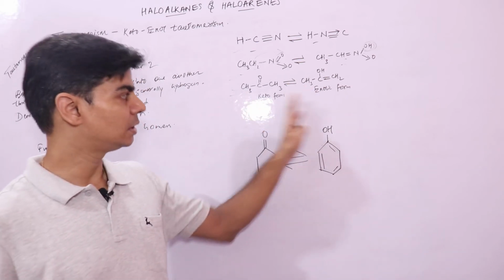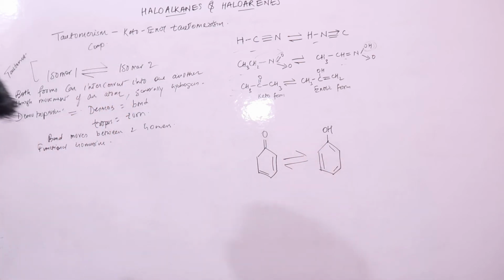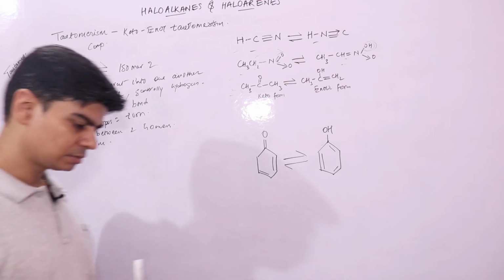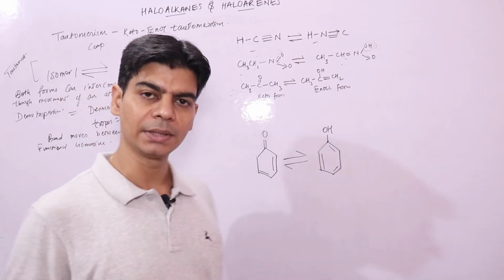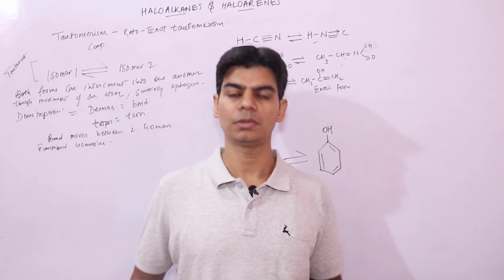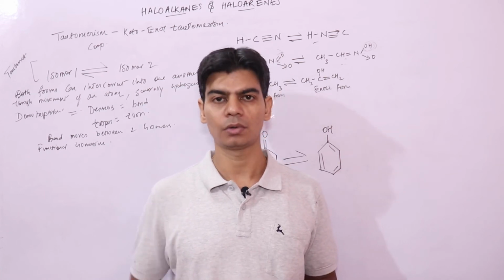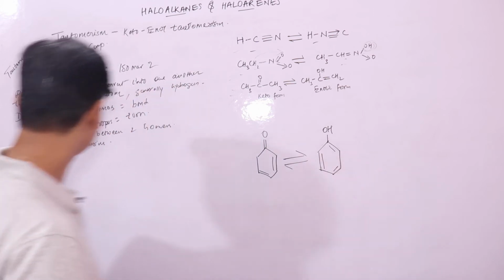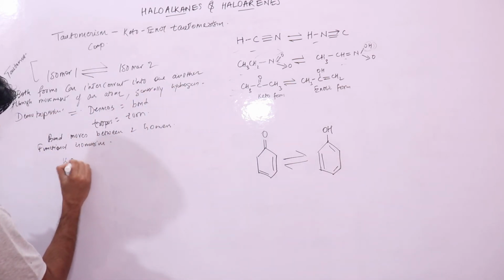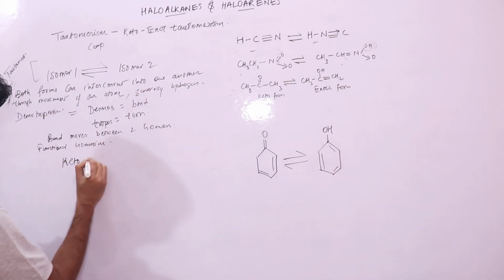And here this is your keto form. I'll just come to this, but before this there are different types of tautomerism, right? And there is one important tautomerism that we will be studying here. This is your keto-enol tautomerism, right?